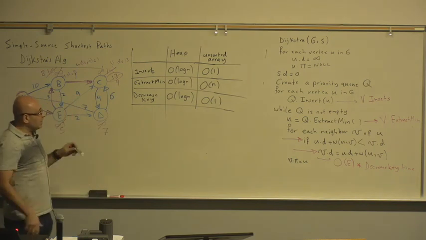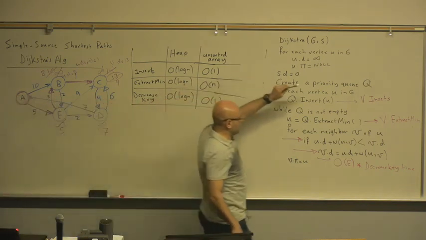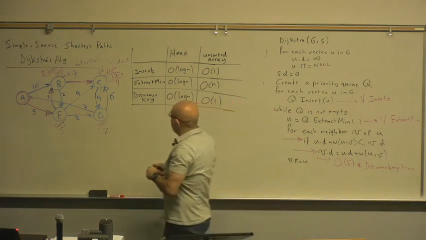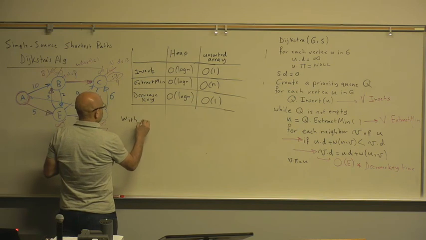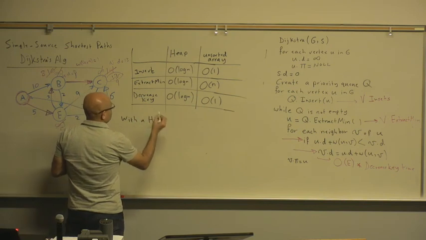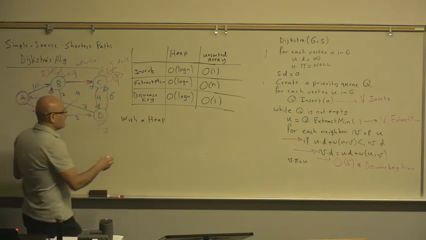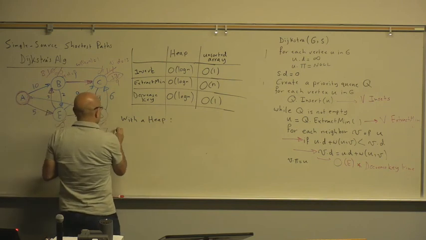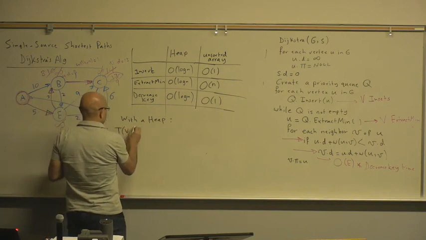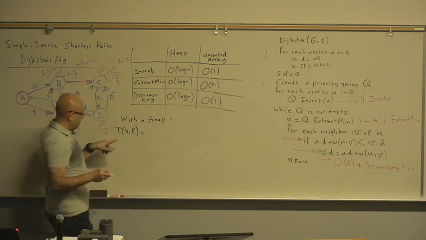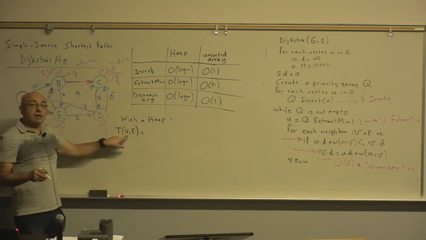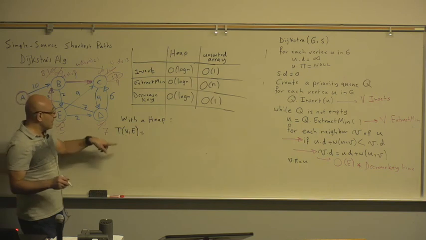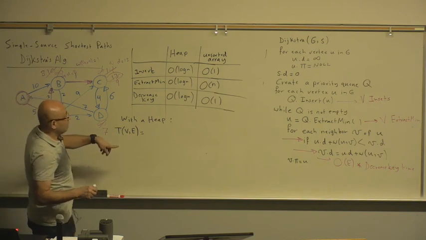Now, what's the total running time of the algorithm with each of these data structures? With a heap, the running time of Dijkstra is going to be T of V and E, time as a function of the number of vertices and the number of edges. This is going to be what?